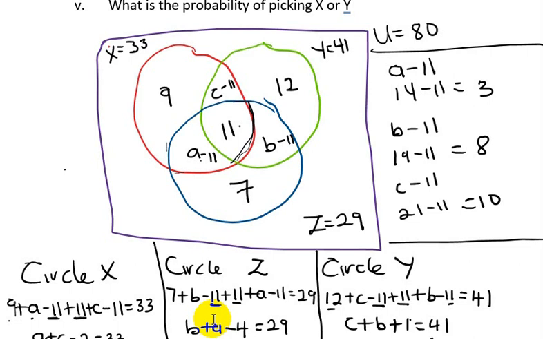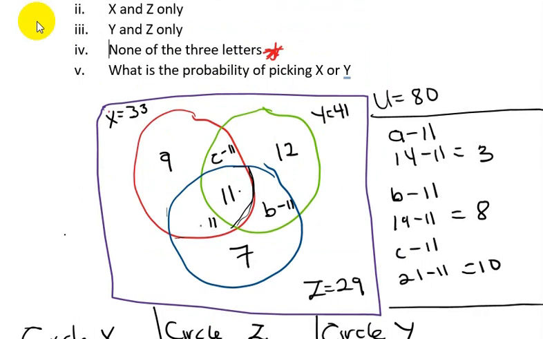Now, I will advise that after you have finished your calculation, at the bottom you redraw the Venn diagram, but this time you fill in the right figures. Now you won't use A minus 11, B minus 11 again. This is what I mean. We are getting 3 for A, since we have taken the 11 out.